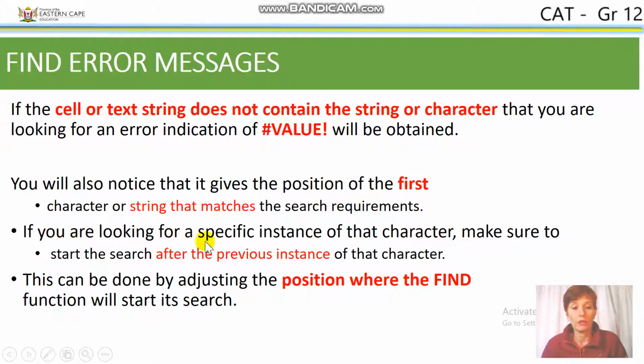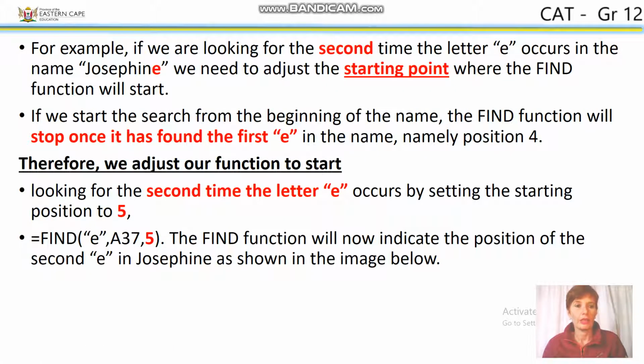If you are looking for a specific instance of the character, make sure you start the search after the previous instance. So we had to start the search a little bit later for Josephine, where we're looking for the second E. This can be done by adjusting the position where the find function will start the search. For example, if we are looking for the second time the E occurs in the word Josephine, we need to adjust the starting point.